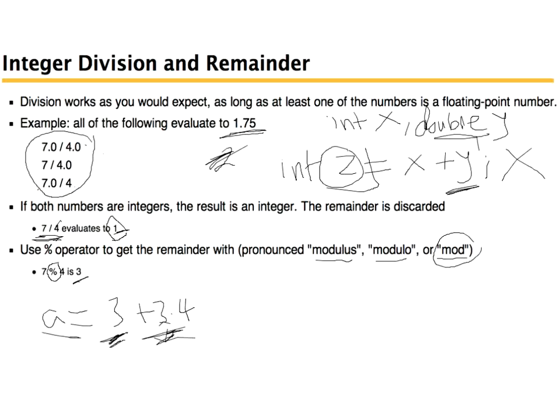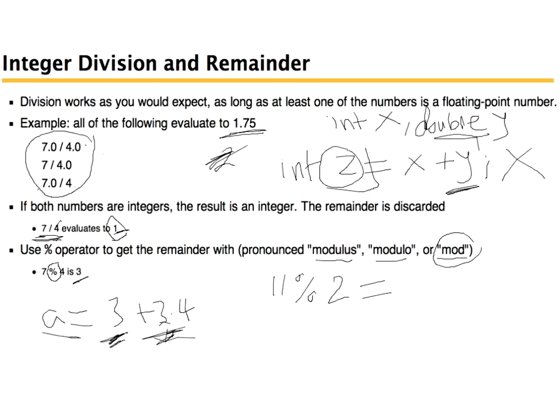Now, what if I say to you 11, and you answer me for this one. What if I say 11 mod 2? What would the answer be? 11 mod 2. 1. Yes, correct. Because obviously in 11 we have 5 2s, which will be 10, but the remainder will be 1.